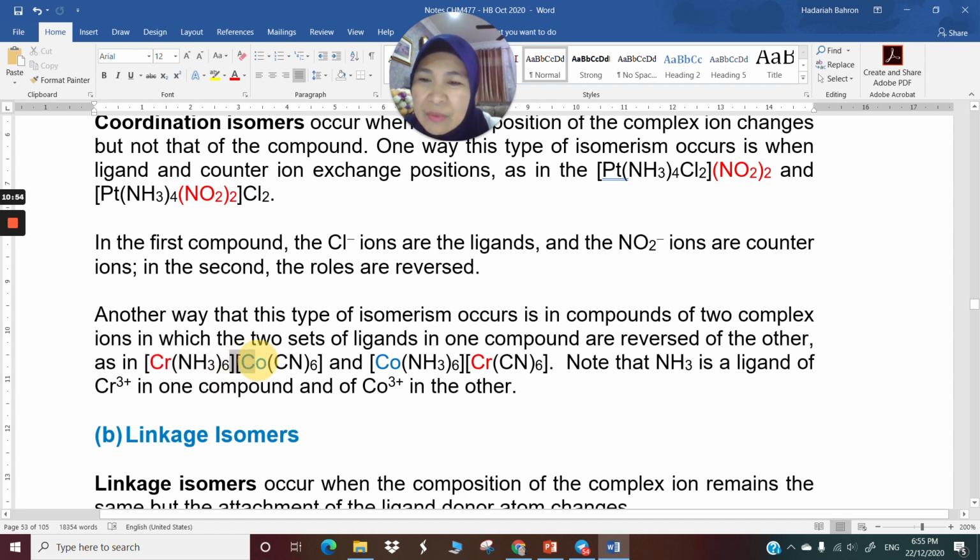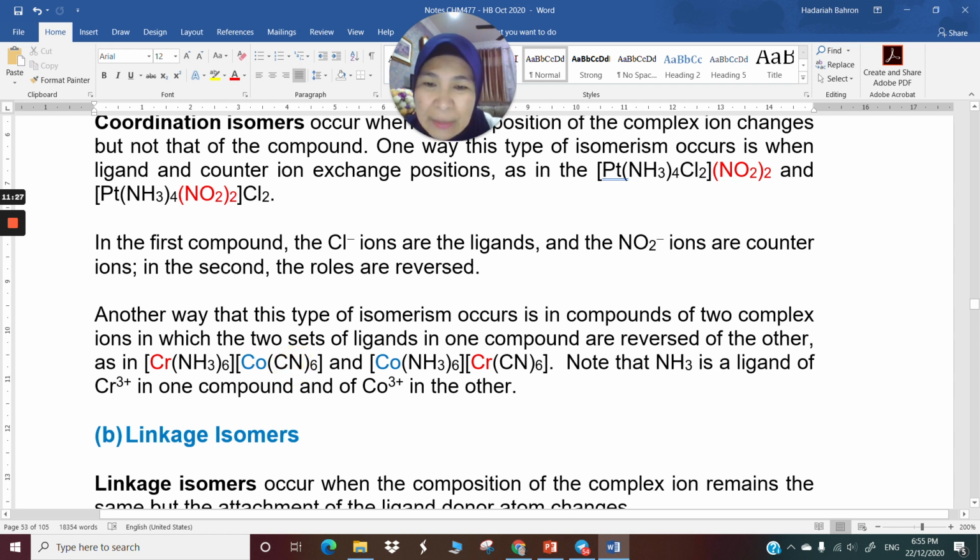And then that complex ion has a counter ion of another complex ion, which is cobalt attached to 6 cyano. So this second complex ion that I'm highlighting has a charge of -3, whereas this first complex ion has a charge of +3. So remember, chromium attached to amine, cobalt attached to cyanide.